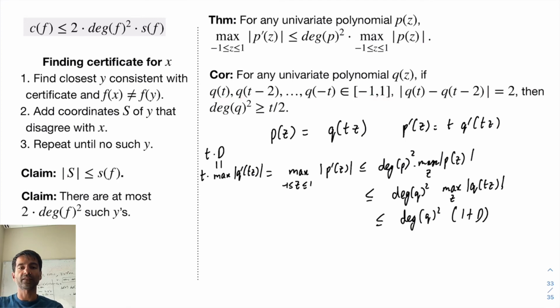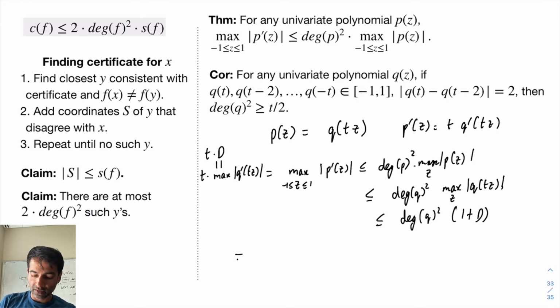In the intermediate points, if it has to go very far away, in the worst case, it can start off at 1 and then go very fast with a very high derivative far away and then come back to 1. This is the worst case. But in this case, the farthest it can go is 1 plus D, because the maximum value of the derivative is D.